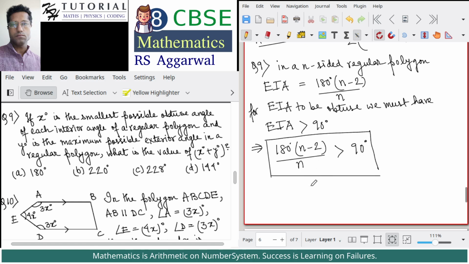Now, as I explained in some previous example, how to solve an inequality. In this, I can cross multiply.